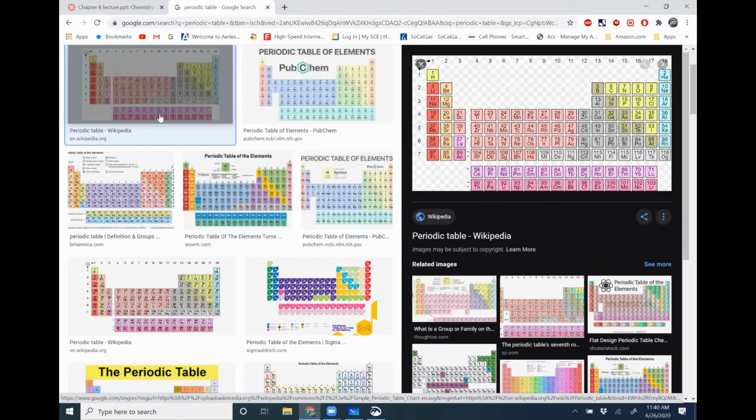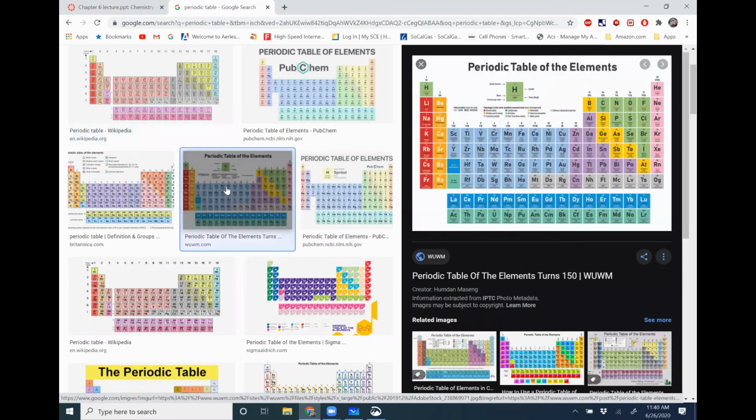So it's a debate out there in terms of what is right here in the 5D1 and the 6D1 spot. Is it lanthanum and actinium, or is it lutetium and lawrencium? Are those guys there, or are these guys there? And so it's up to the periodic table.